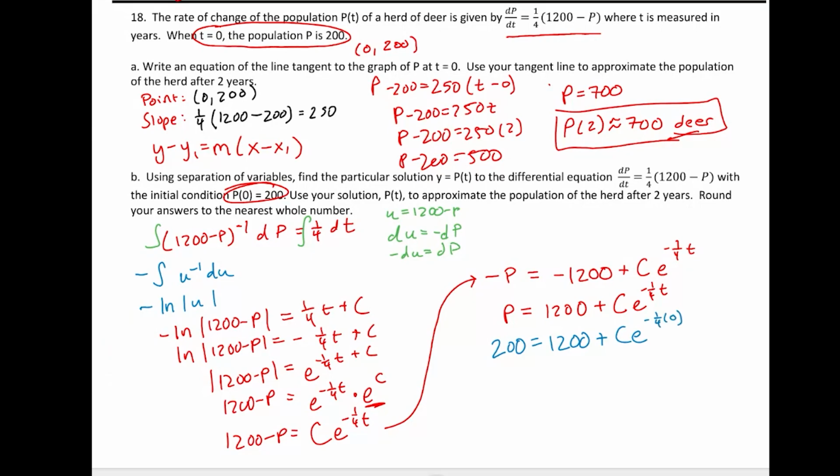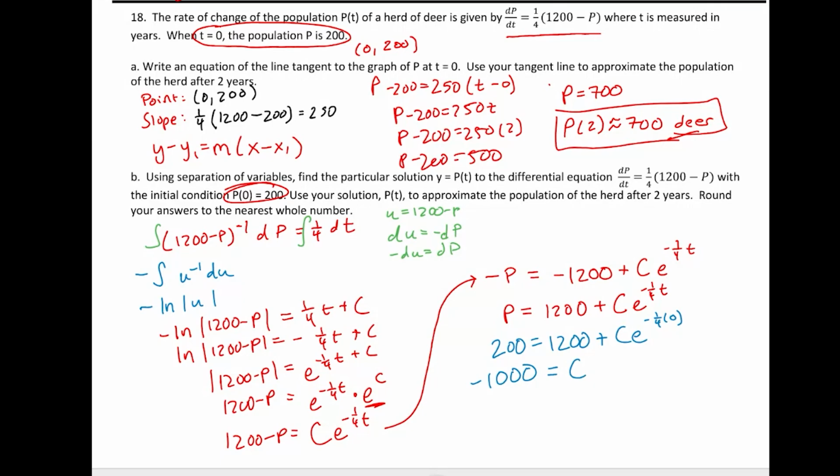Okay, so if I subtract 1,200 on both sides, I'm going to get negative 1,000 equals c. And then here I've got 0 times negative 1/4 is 0, and e to the 0 power is 1.